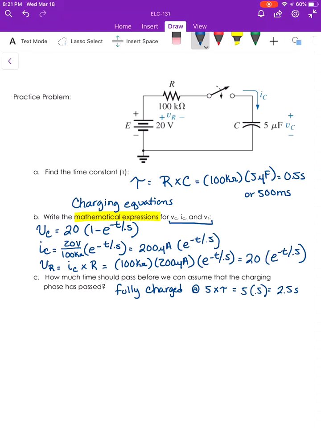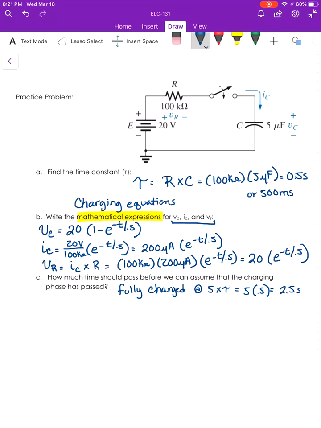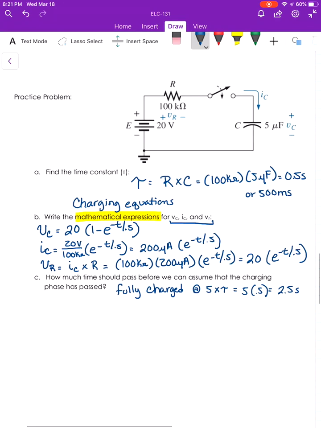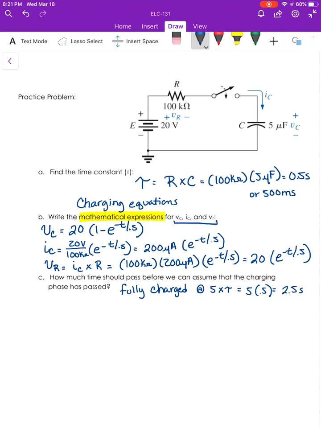Now, let's say we want to figure out what the voltage across the capacitor, the current through the capacitor, and the voltage drop across the resistor are at, I don't know, let's say 1 second. Okay, so at 1 second, that's before we get to that fully charged state. So let's figure out what's going on there.